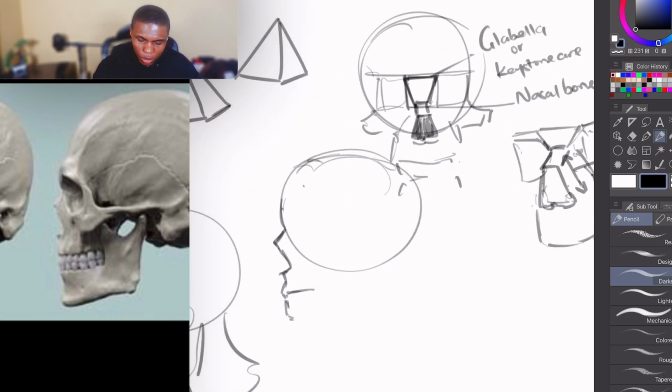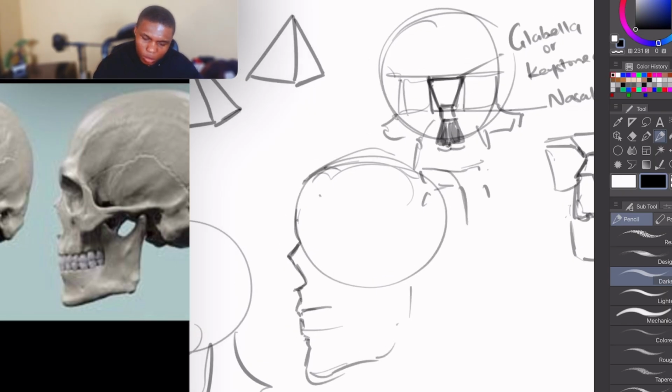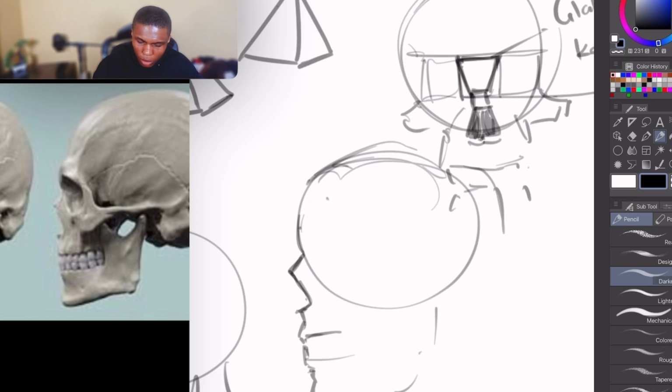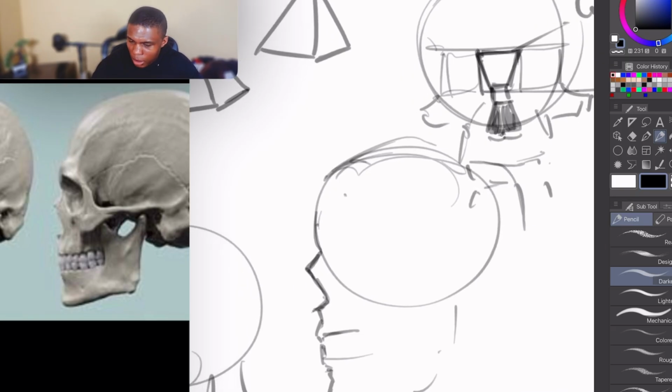So just take note of that. Anyways, we have our nasal bone like this, and like I said, the nose is mostly cartilage.